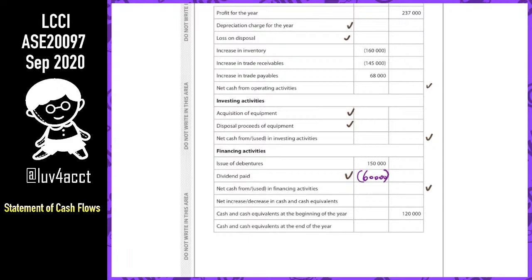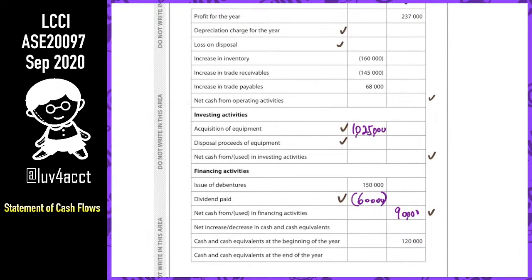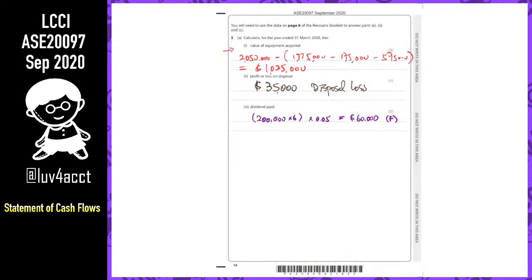60,000 here first. 150 minus 60, we have 90,000 here. So, acquisition of equipment 1025, if I remember correctly. Proceeds, I forget.